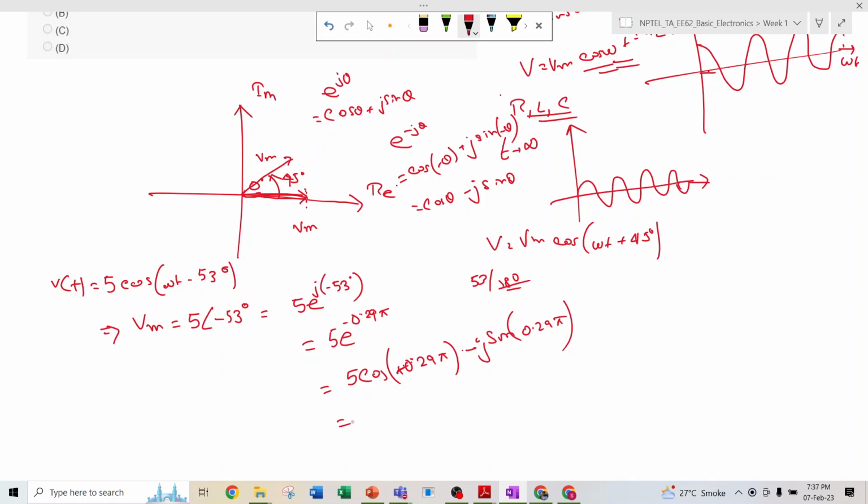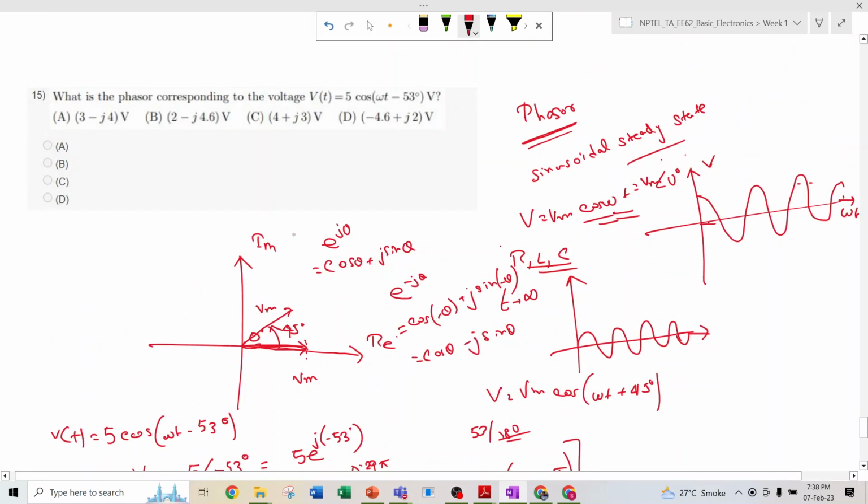Cos 0.29 pi is 0.6, so 5 into 0.6, this will be in bracket because we are expanding only this, minus j into sine 53.8, so it will be 3 minus 4j. So the correct answer will be 3 minus 4j volt.